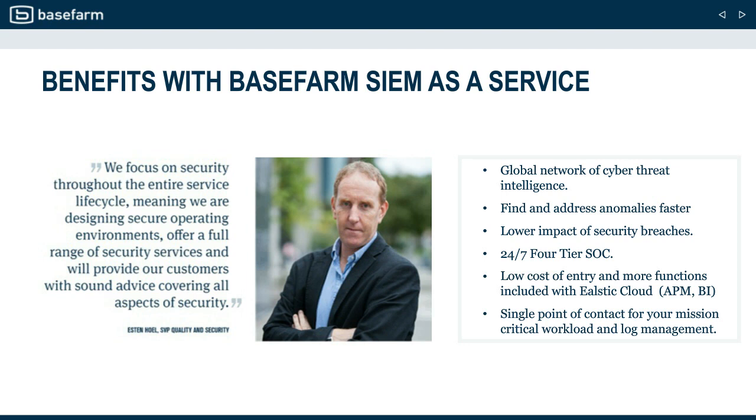We also have our 24/7 four-tier security operations center, as you presented before, Fredrik, and it's a lower cost of entry, and you get more functions in the Elastic Cloud solution. And you get a single point of contact for your mission-critical workload and log management. And here you see Esten Hoel, our Senior Vice President of Security and Compliance.